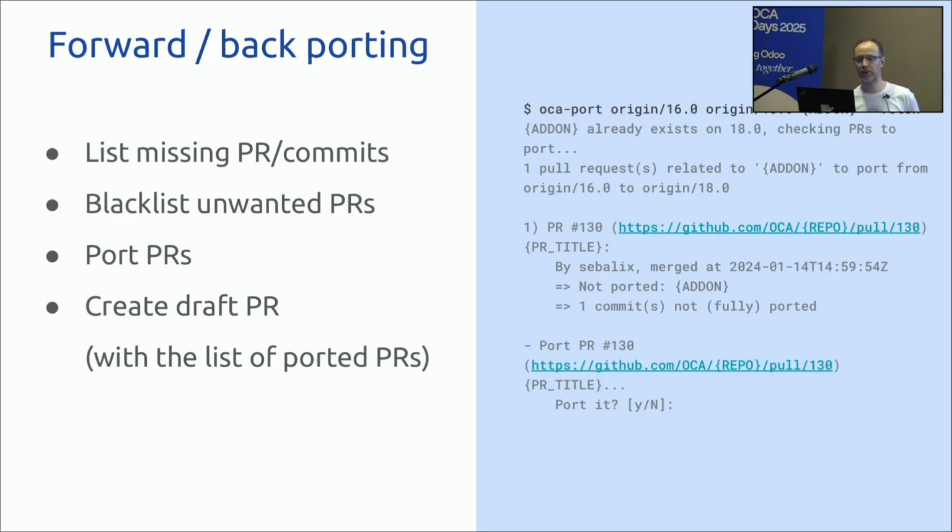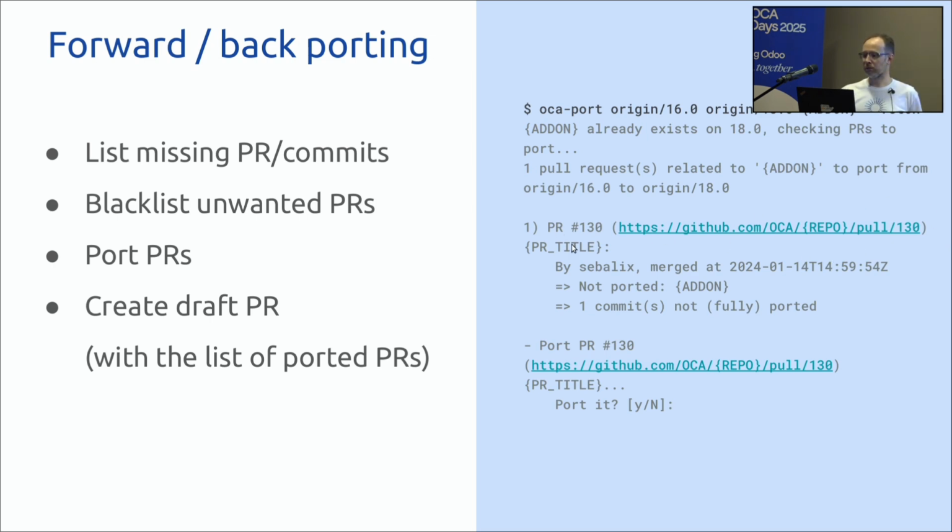And the second feature is about listing missing pull requests and commits within this pull request, if your module is already migrated on the target branch. So we have an example here. I tried to compare the commits of a given add-on from branch 16 to 18, and it detected a pull request, a missing one, related to this add-on.